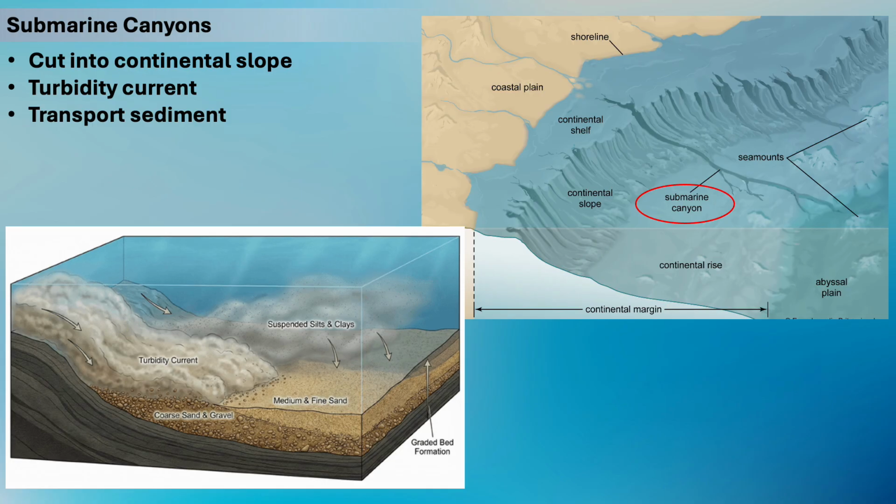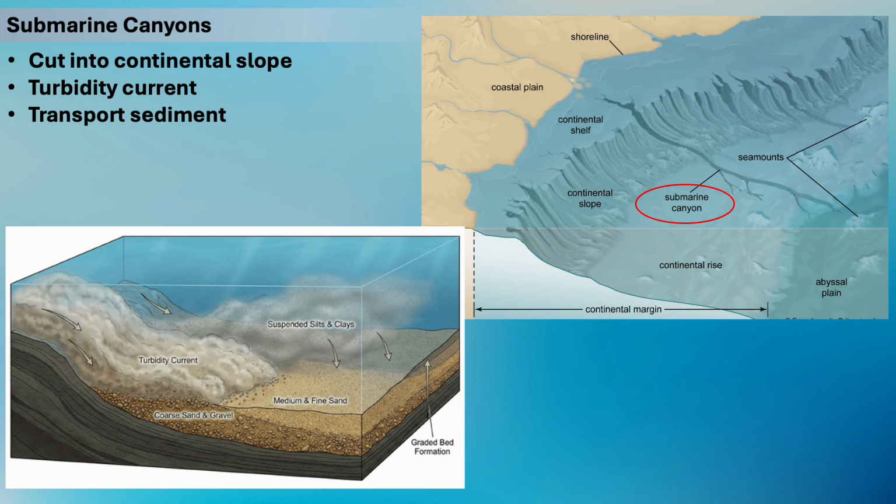A turbidity current is best thought of as an underwater avalanche, but instead of solid snow sliding through the air, it is a dense mixture of sediment and water flowing through less dense seawater. You can visualize a turbidity current on the left image on the screen there.